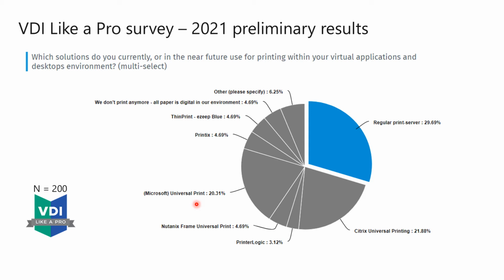So a lot of companies are looking forward to simplifying how they do print management as part of their virtual desktop environment, because with the pandemic you can ask yourself the question, do I still have to print? And the short answer to that is yes, you have to print sometimes, but probably not so much.